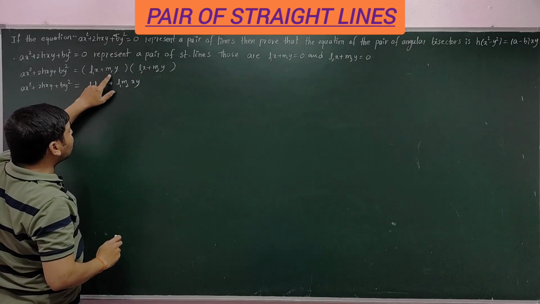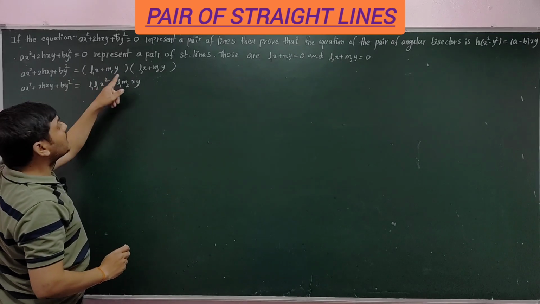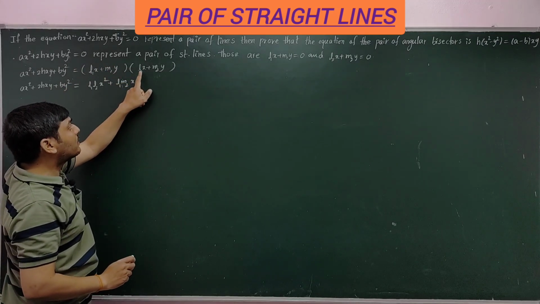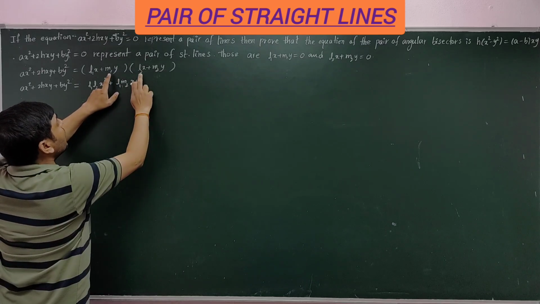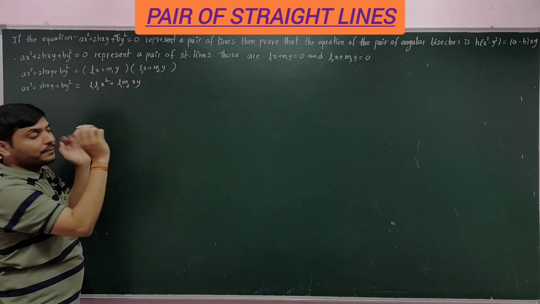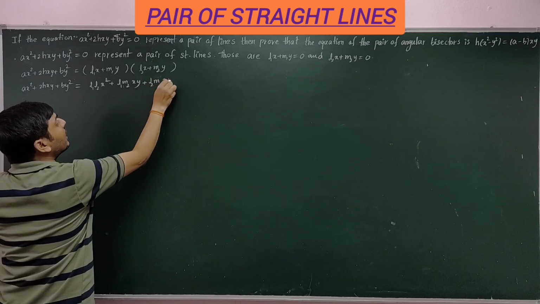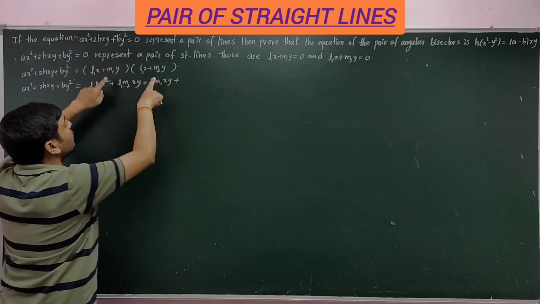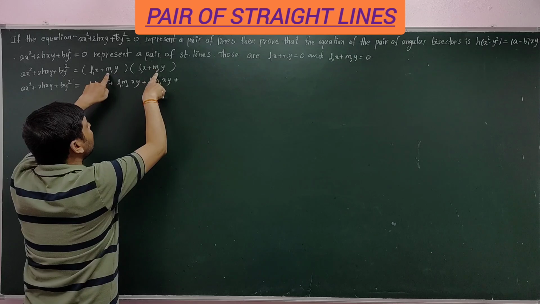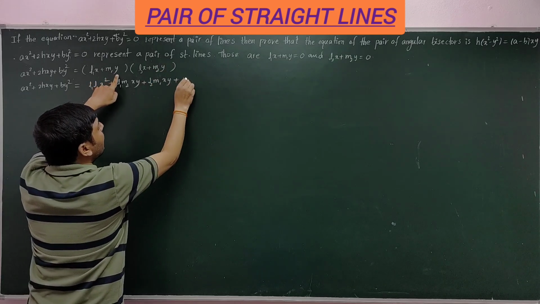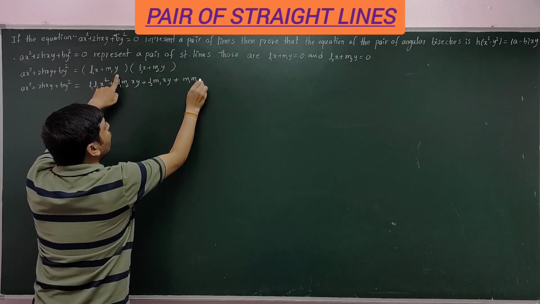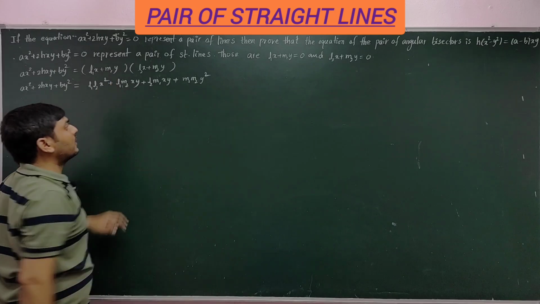Now the second term of the first bracket multiplied with the first term of the second bracket gives L2 M1 xy. Similarly, the last two terms multiplied give M1 M2 y square.